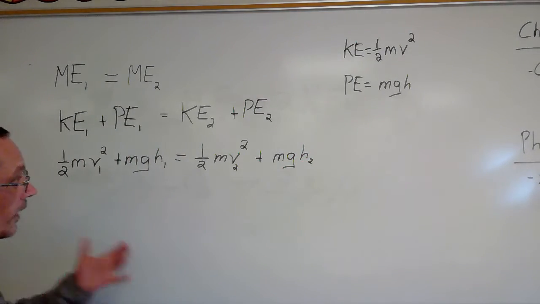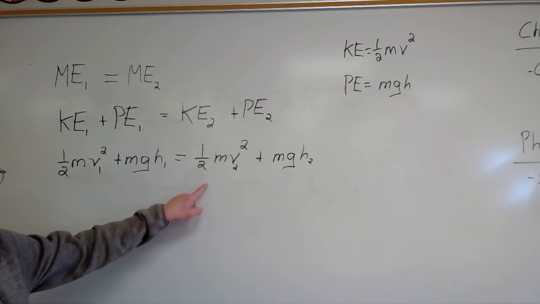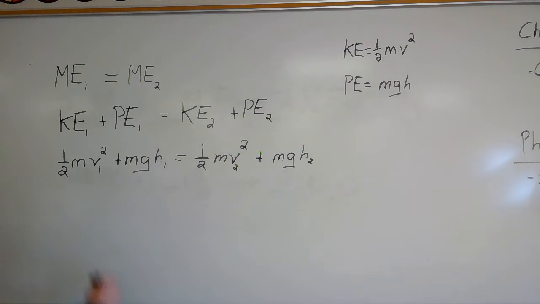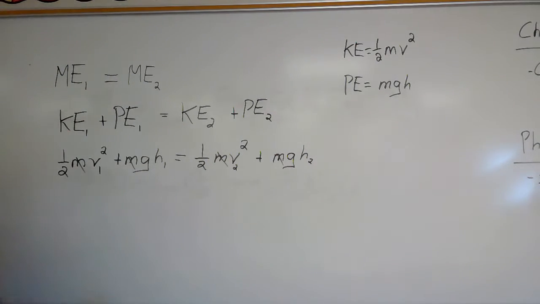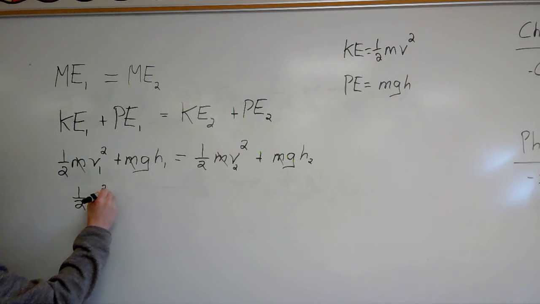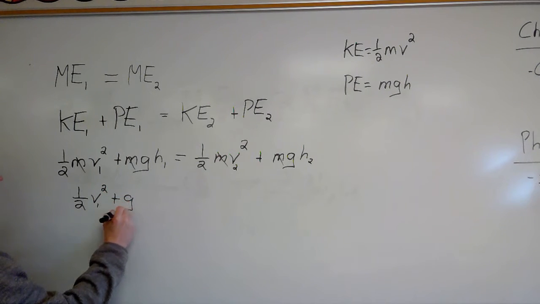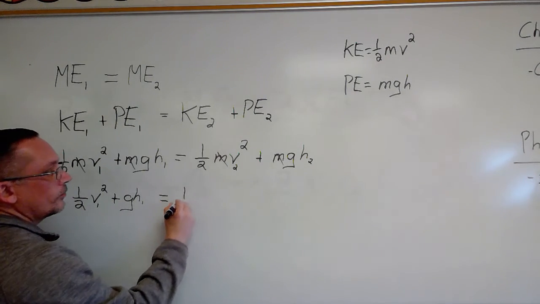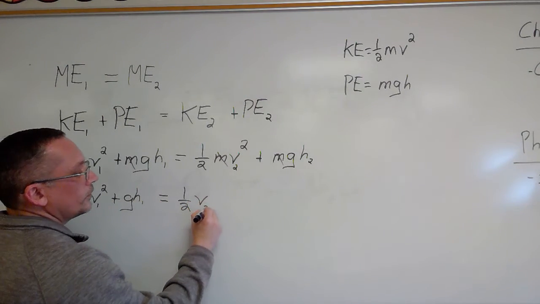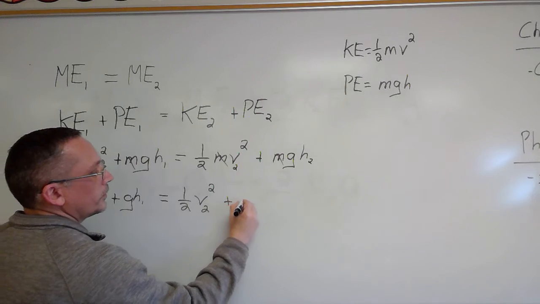Now you'll notice in every term I have the mass. So I'm just going to cancel it away, divide it away. So I have 1/2 v1 squared plus g h1, and I have 1/2 v2 squared plus g h2.